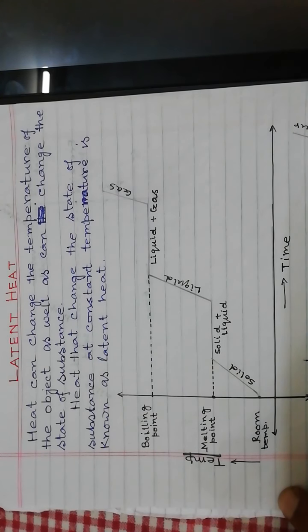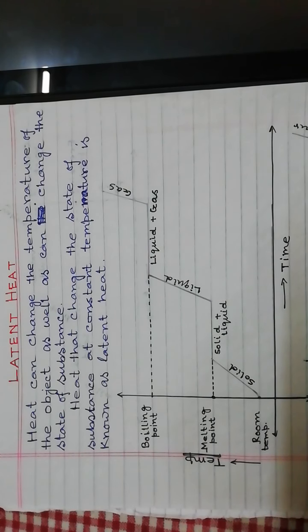Again, when the vapor is converted into liquid or liquid converted into solid, then the substance liberates heat. So due to that state change, the substance absorbs heat or liberates heat.